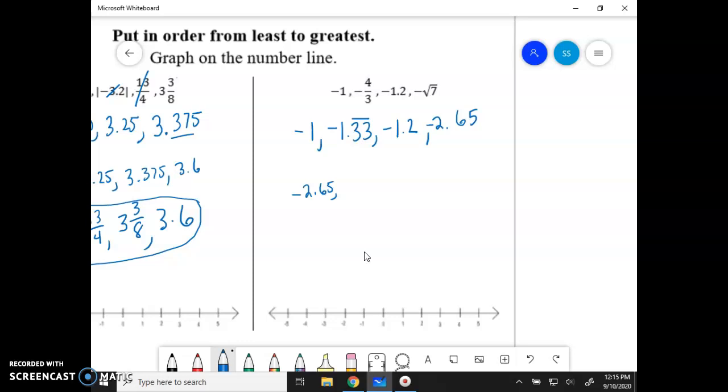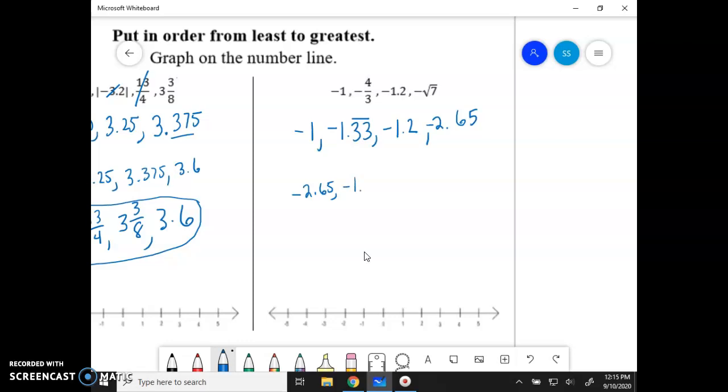And then what would be next? Hopefully we're recognizing negative 1.33. Another way to think about this is negative numbers as colder numbers in the winter, right? If it were negative 1.3 degrees out, that is colder than negative 1 degree, right?